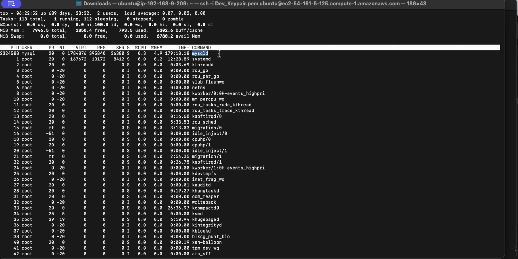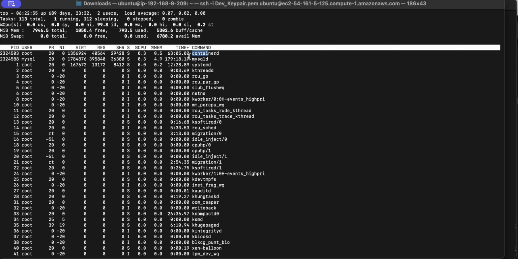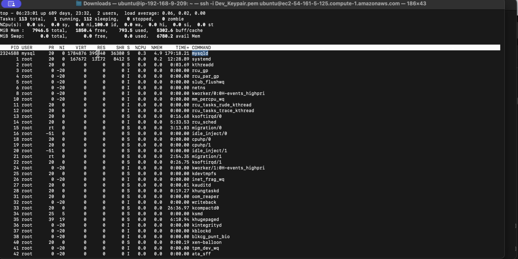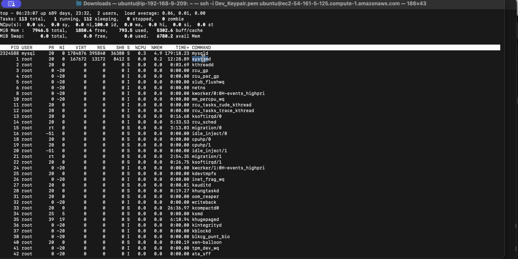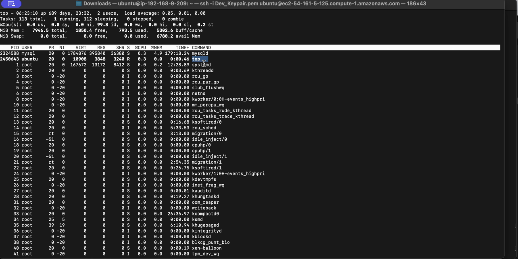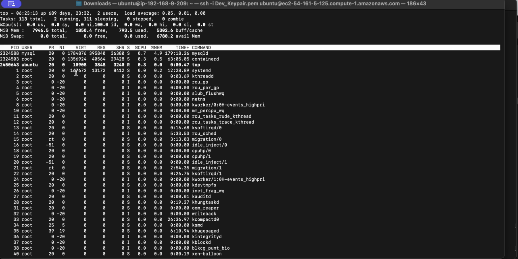So for example, if you want to know how much this process, this mysqld, is using, you can check this one. If you want to know how much this process and its libraries and dependent services are using, then you can check this one. So this VIRT is the important one.